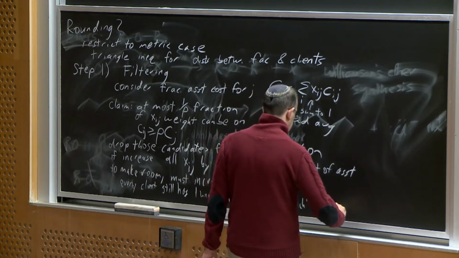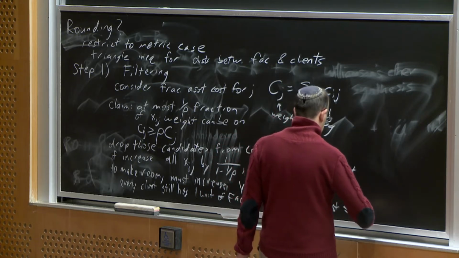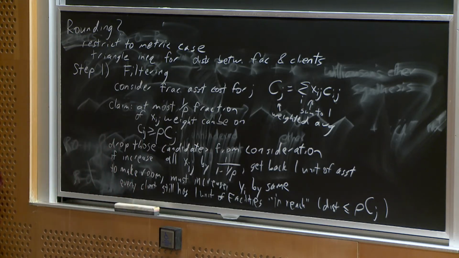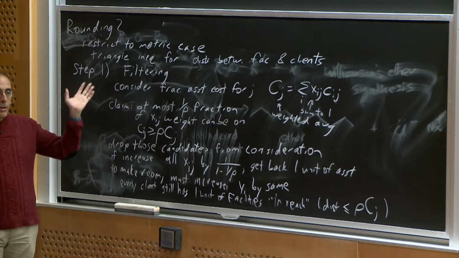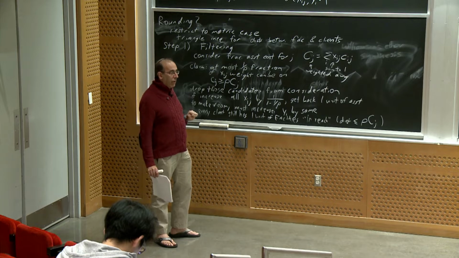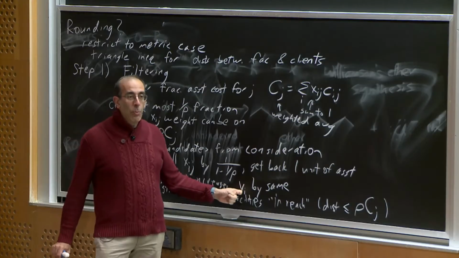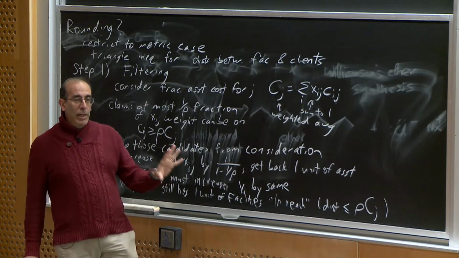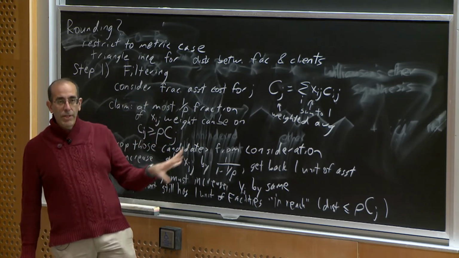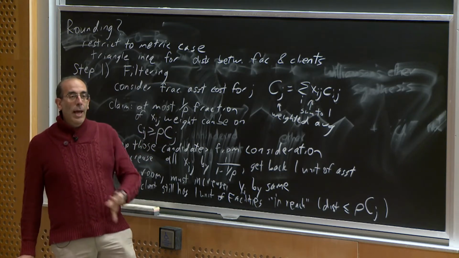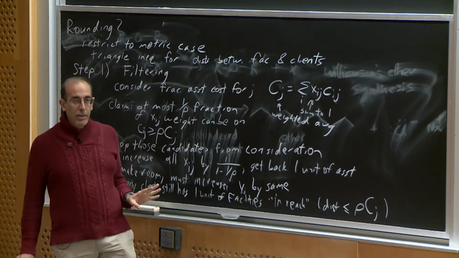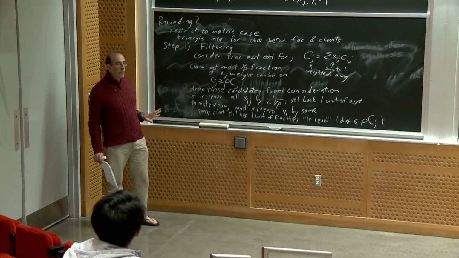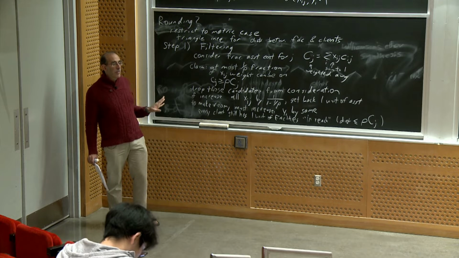Okay, which means that their distance is less than or equal to rho times that Cj quantity. Okay. So we've filtered out the really expensive connections. We've increased the opening amounts to compensate. And now we can say that every client is assigned to 1 unit of facilities fractionally, and none of those assignments are very expensive. Clear? That's the filtering step, to get rid of the expensive assignments.